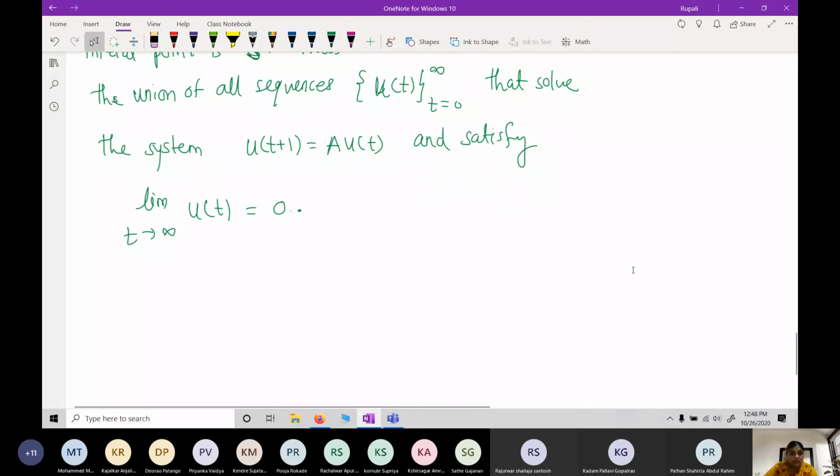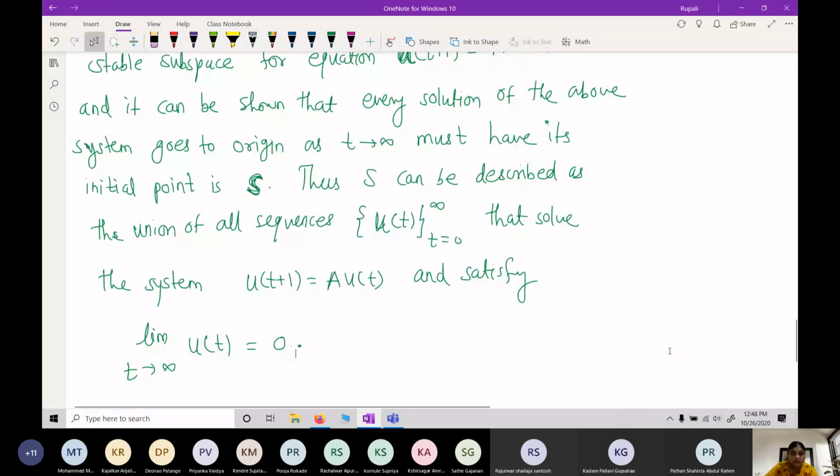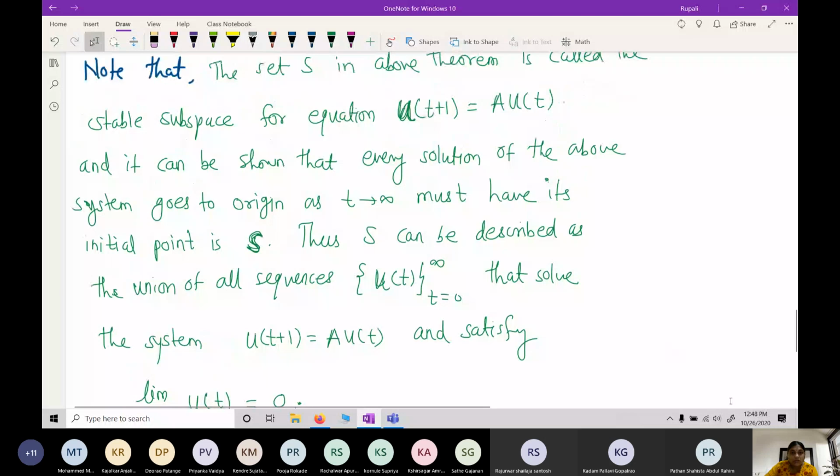So from that theorem we can conclude that all solutions of the system u at t plus 1 equal to A times u t go to the origin as t tends to infinity, provided that the initial point must be in S, which means in the stable subspace. Is that okay?